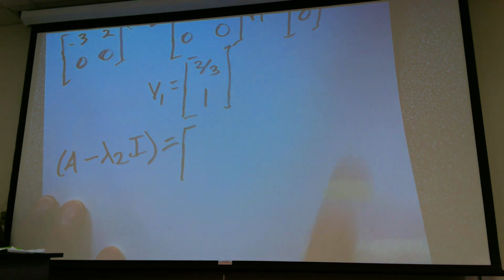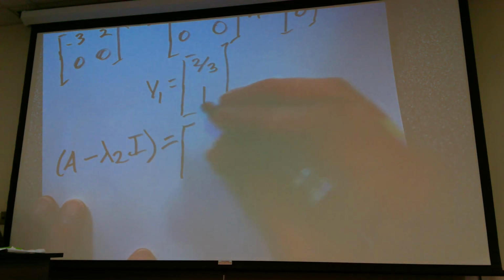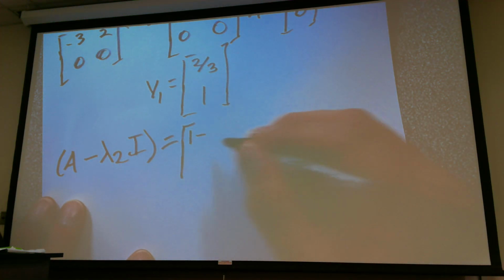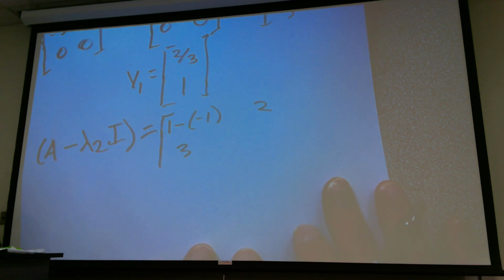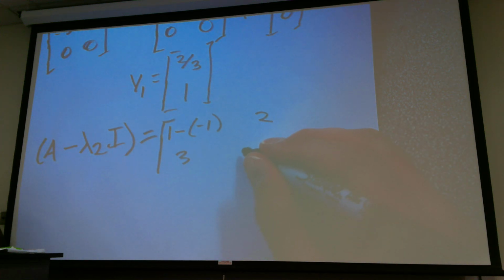So my lambda 2 was negative 1, so that's 1, and then minus negative 1, 2, 3, and 2 minus negative 1. Okay. So that ends up becoming 1 minus negative 1 is 2, that's 2, that's 3, and that guy's 3.